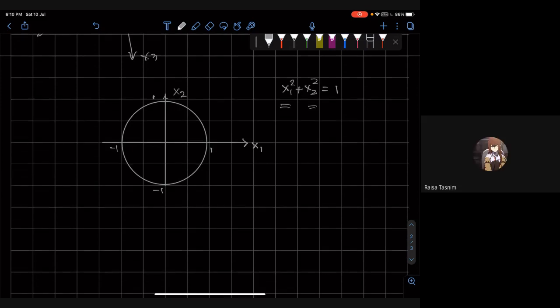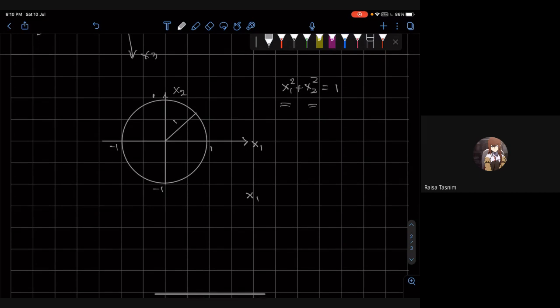Yeah. So, the way to see it is to actually, okay, this circle has radius 1. Suppose that for a particular point, say this angle is theta. Then we can say x1 is 1 times cosine of theta, and x2 is then sine of theta.